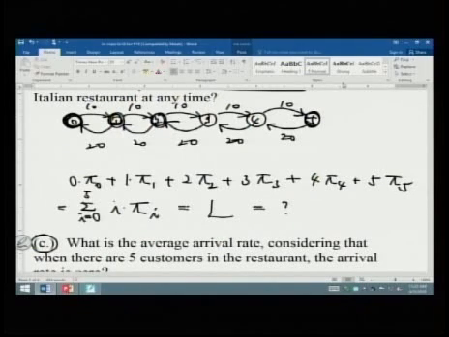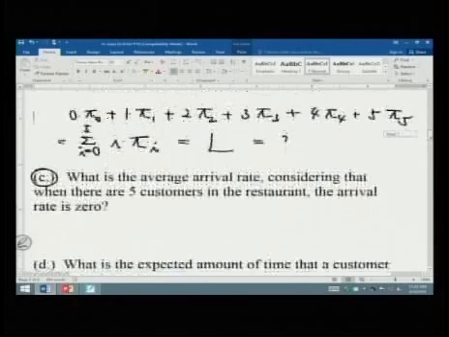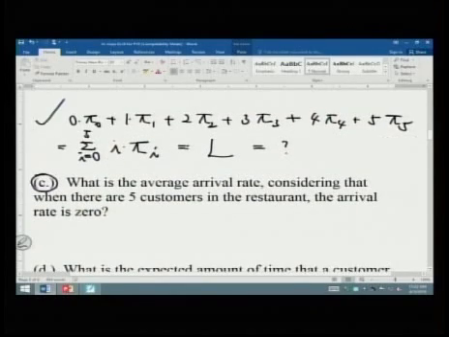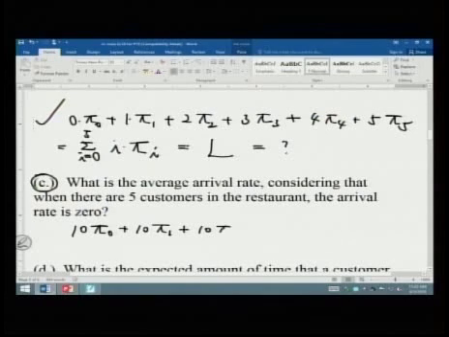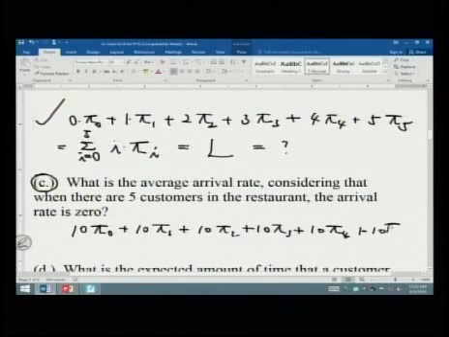And if you are in state 0, what is the arrival rate? 10, right? If you are in state 1, again, it's 10. State 2 is 10. Is that right? So just like we did earlier, what you need is 10 times pi 0, 10 times pi 1, 10 times pi 2, 10 times pi 3, 10 times pi 4, and, no, the last one should be 0, right?